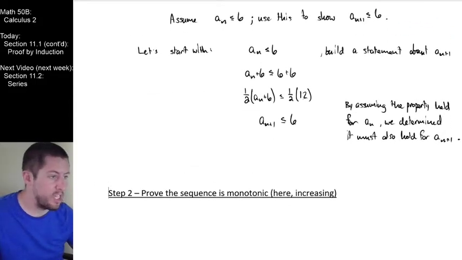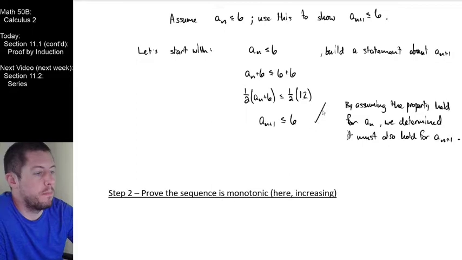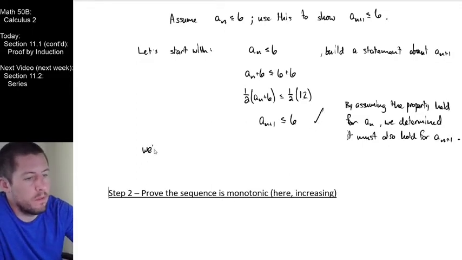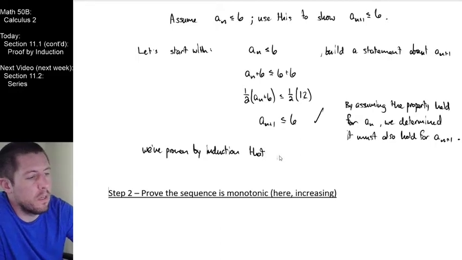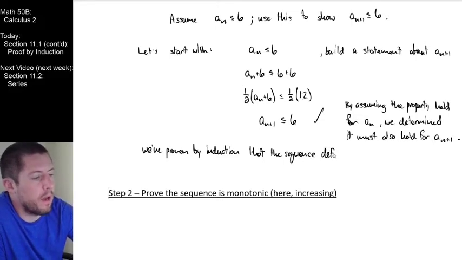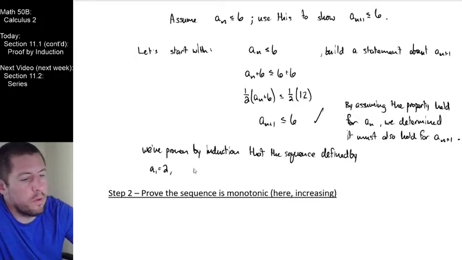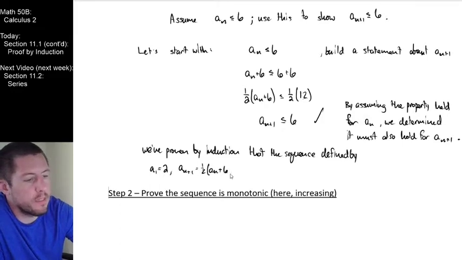This just gets the check mark right here. So we've proven by induction that the sequence defined by a sub 1 equals 2, a sub n plus 1 equals 1/2 of a sub n plus 6, is bounded above by 6.